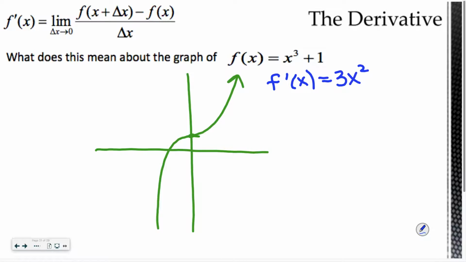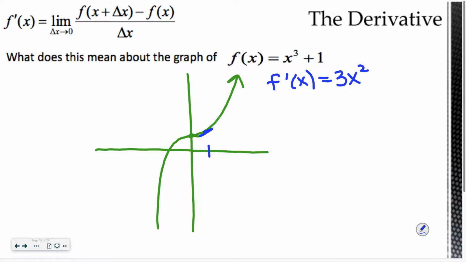We did all the algebra to get there. So if I wanted to know the instantaneous rate of change right here, then I could plug 1 into 3x squared, and that would give me the slope of that little tangent line. What is the slope of that tangent line?